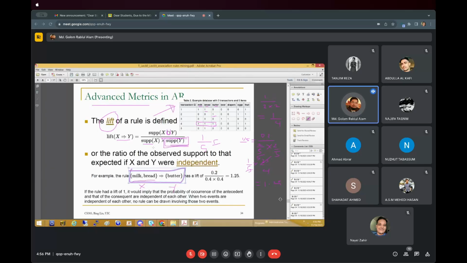And then the support of x. Support of x means milk and bread. We can see milk and bread together 2 times, out of the 5, so 2 by 5. 2 by 5 is 0.4. So here is 0.4.